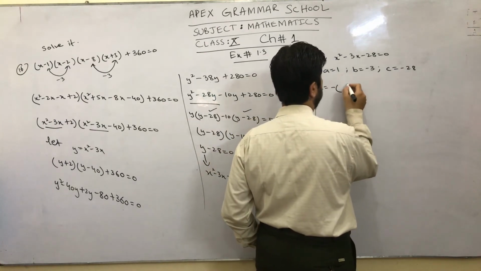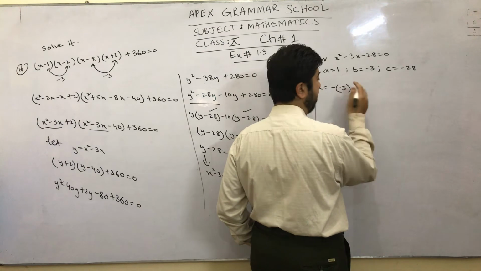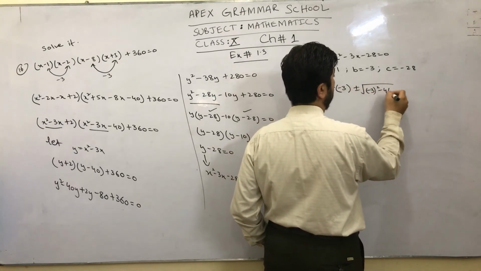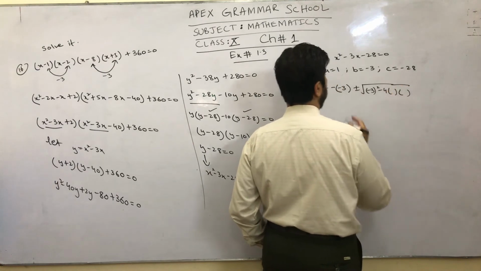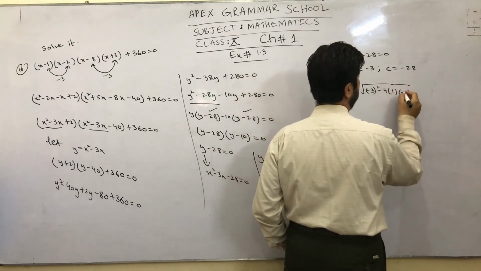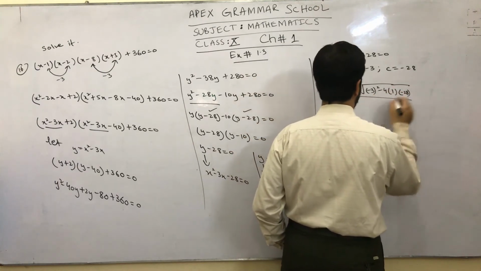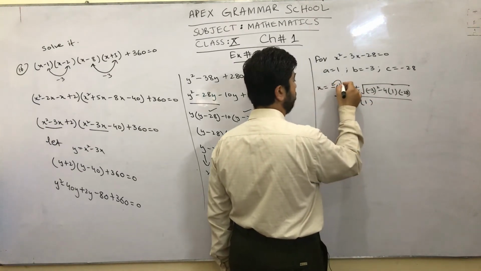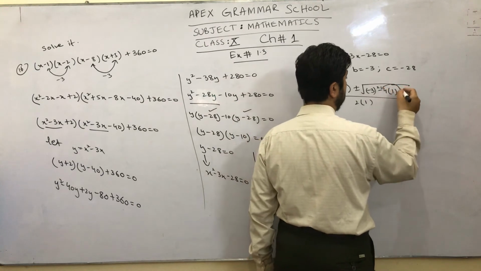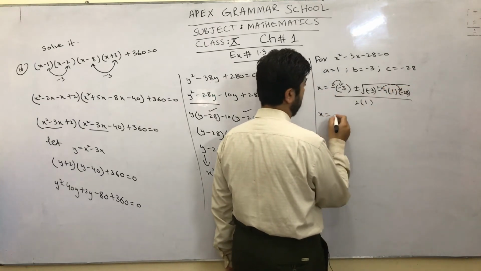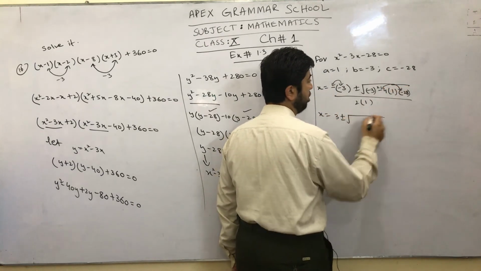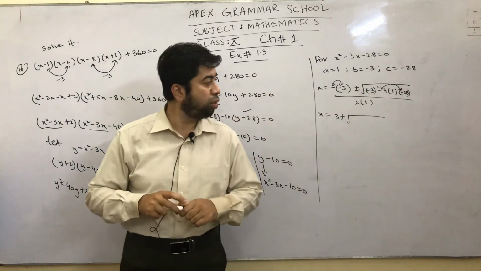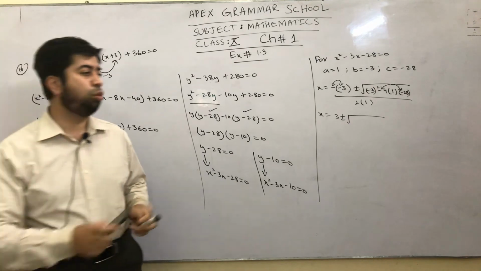Minus b, the value is minus 3, plus minus under root b square, that means minus 3 square minus 4ac. What is the value of a? Value of c, and in denominator 2 into 1. This minus into this minus is positive. 3 plus minus under root. Negative 3 square, that is 9 plus 4 into 28. You have to just calculate it.